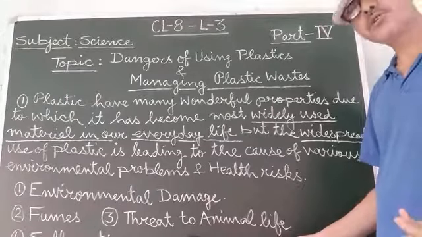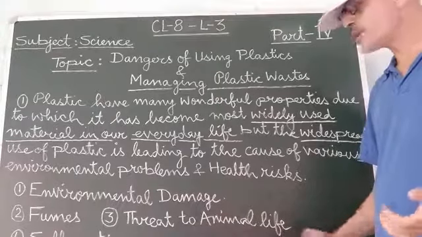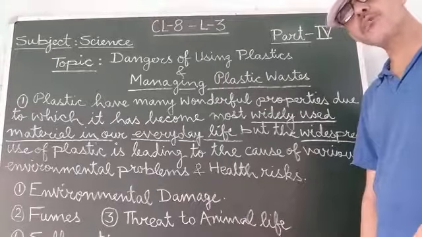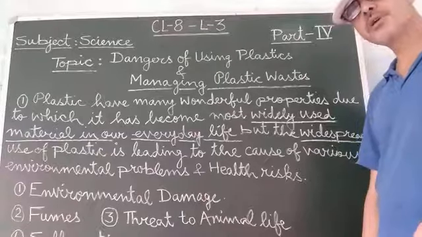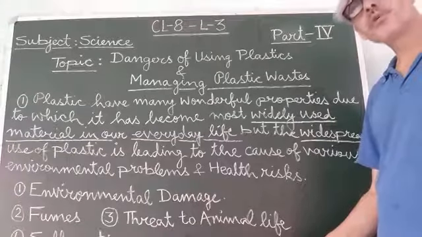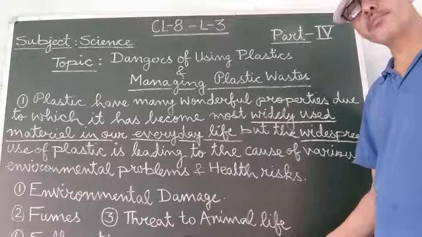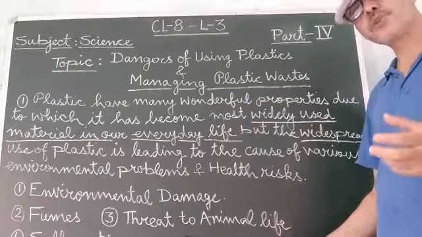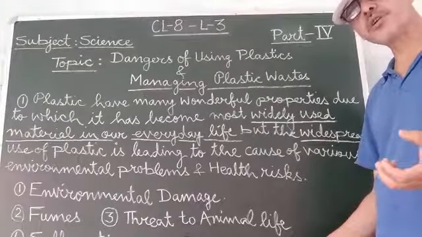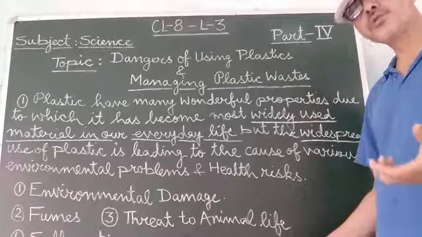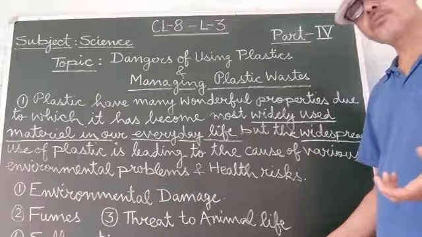as garbage dump. So when these animals swallow it along with the food waste, what happens? It causes certain types of health problems. These polythene bags get deposited in their stomach and cause the problem of indigestion.